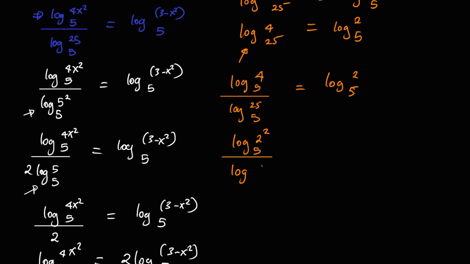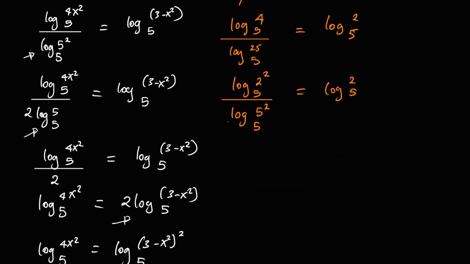So we have log of 5 squared base 5, and this should equal log of 2 base 5. And from power rule, 2 will become a coefficient of this logarithm. We have 2 log of 2 base 5 divided by, the same applies to this, 2 will become a coefficient of this denominator, 2 log of 5 base 5, and this should equal log of 2 base 5.